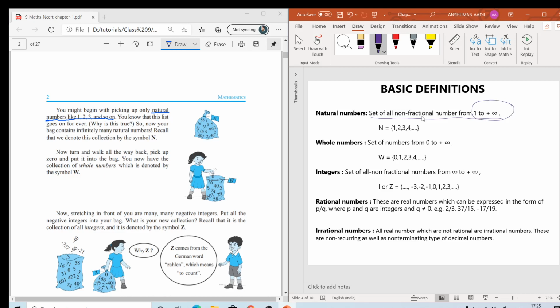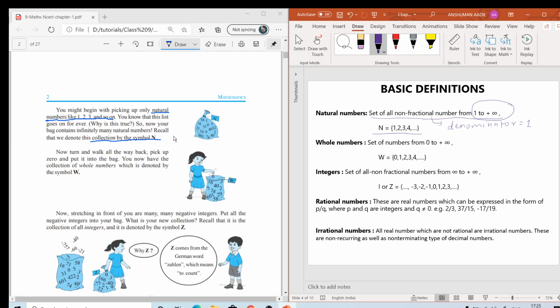So while moving on the right side of the number line, all the non-fractional numbers, meaning where the denominator is always 1, will be called natural numbers, and the symbol used to represent this collection of numbers is N. So N is the set of natural numbers, that is 1, 2, 3, 4 up to plus infinity.